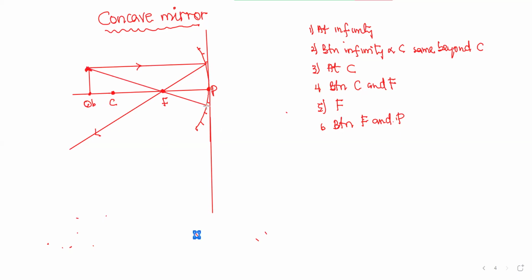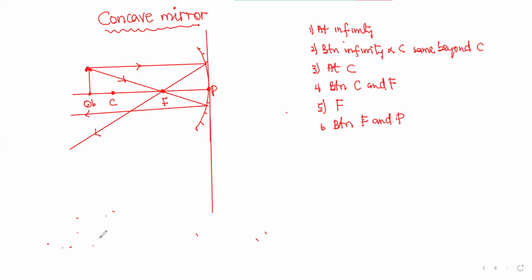I can also use this, and it will give me the same nature of image as if I had used the other rule. So incident and then reflected.